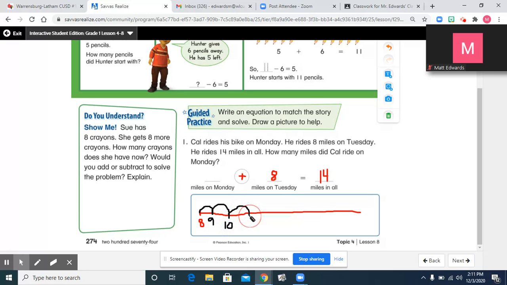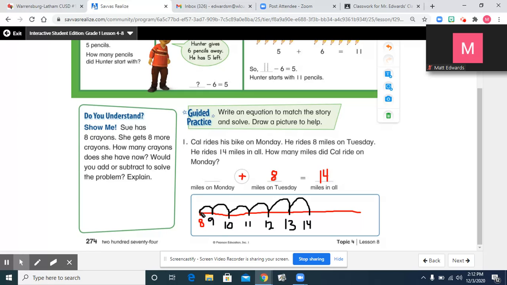Another hop is 11. Another hop is 12. The next hop is 13. And our last hop is 14. Okay, so now all we have to do is count how many hops we took to get to 14, and that'll be our missing number. That's how many miles Cal rode on Monday.